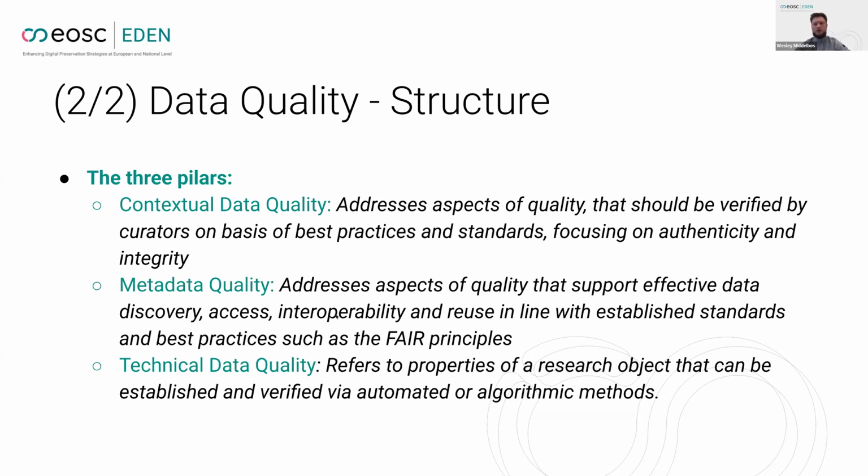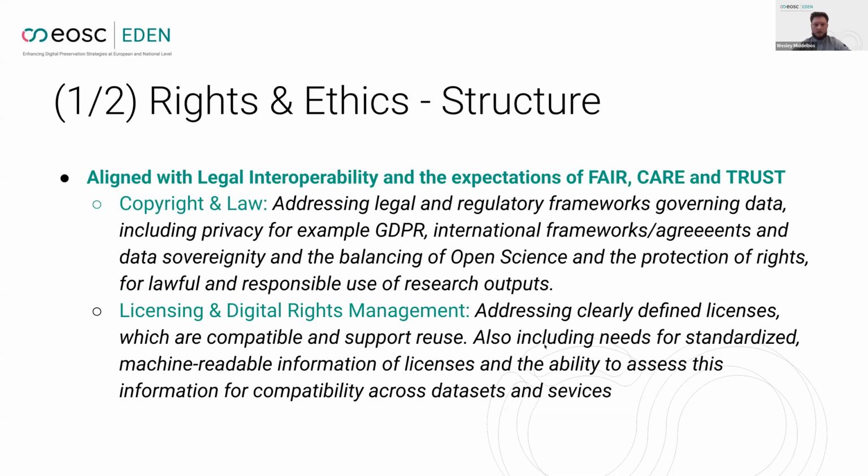And for the technical data quality, we try to find solutions, basically properties of a digital object that can be verified automatically, for example, by algorithmic methods. So next slide.